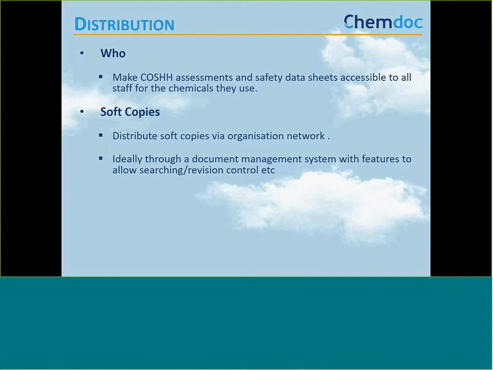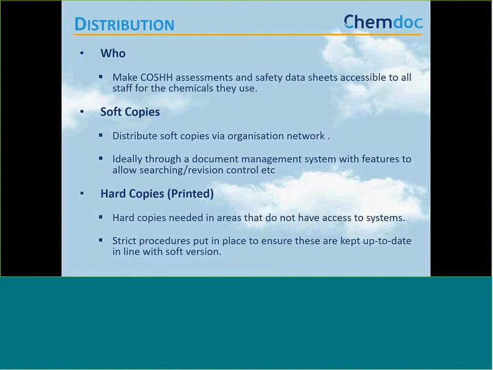Ideally, you want to distribute them across the whole organization in soft copy. You can distribute them via your organization network, maybe drop them in a folder, but ideally it would be through some kind of document management system, which most healthcare environments would have, that would allow you to manage documents, search for products, manage revision control, etc.